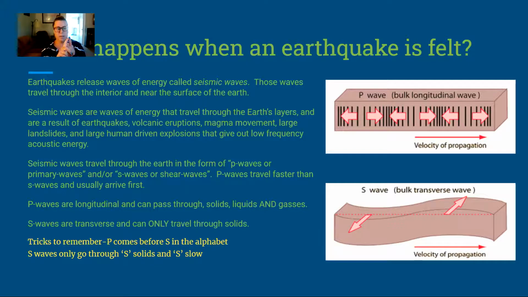So primary is fast, S is slower. Primary waves can travel through solids, liquids, and gases. S waves can only travel through solids. So pretty much S: slower, solids, shear or secondary.